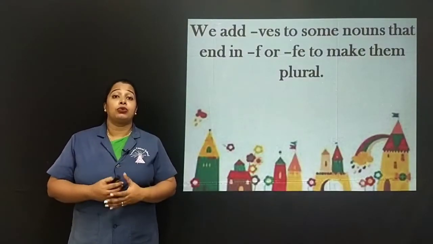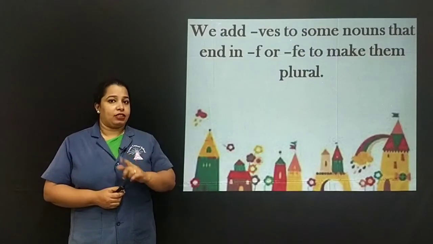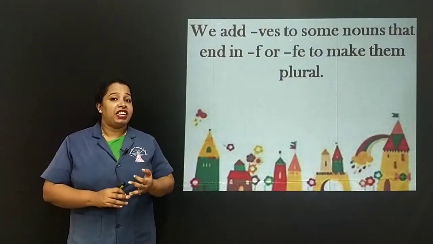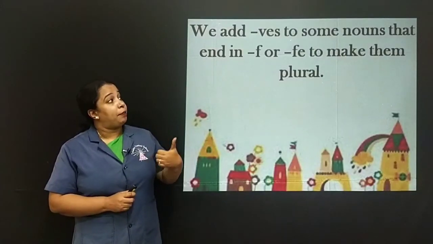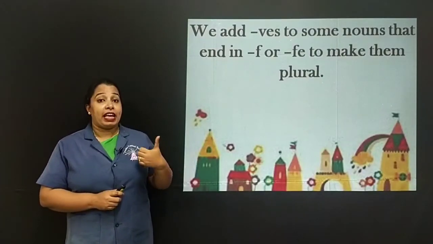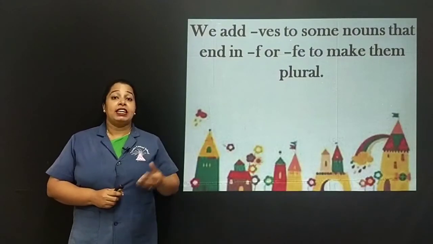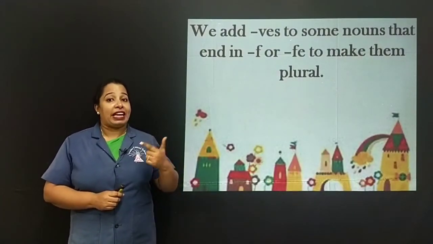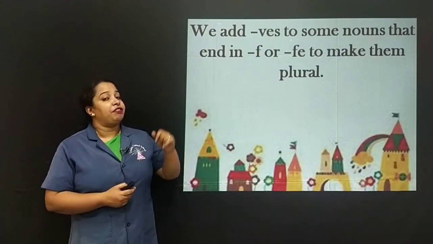This is another rule. Now here we add VES, not only ES, we are taking the help of three letters now. V, E and S. VES to some nouns that end in F or FE to make them plural, which means the singular nouns which end with maybe F or FE, to make them plural, we take the help of VES.